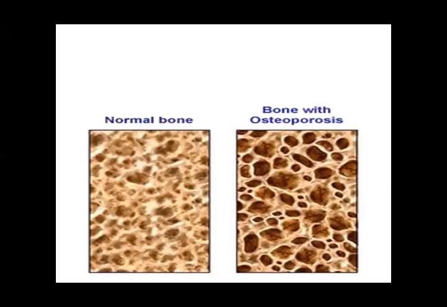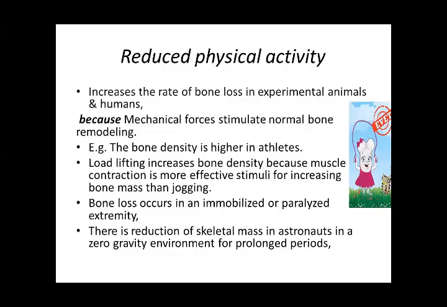This is a normal bone. Look at the number of small pores and the number of very large pores in osteoporosis. So there has to be mechanical stimulation of the bones to keep them healthy.